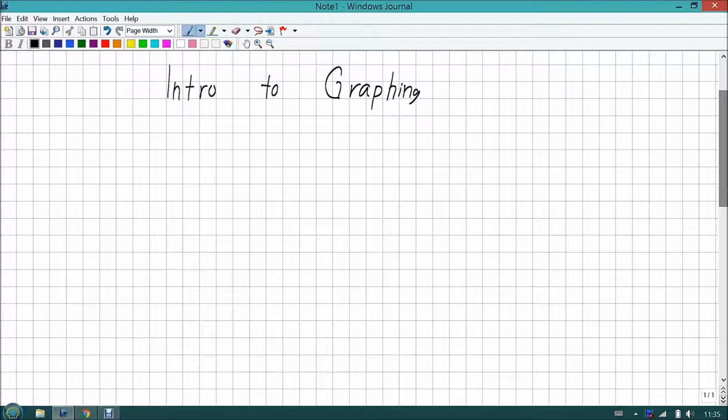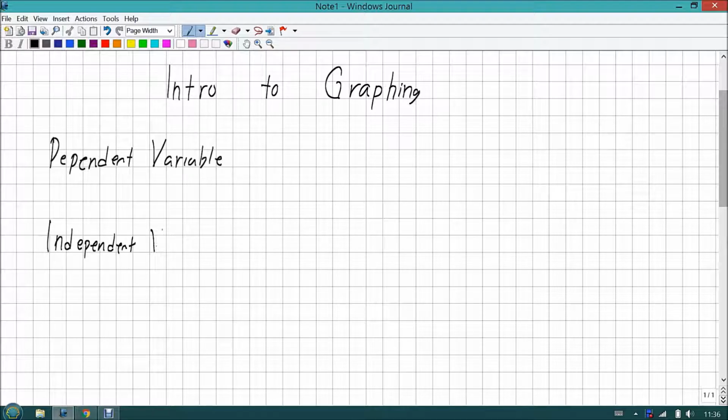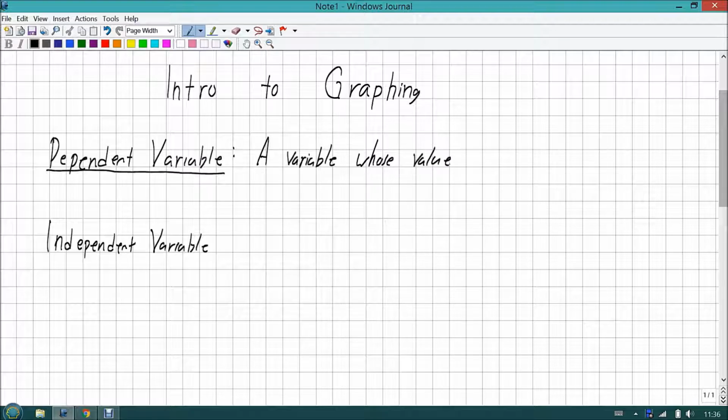In graphing, there are two main pieces. There is the dependent variable and the independent variable. The dependent variable is a variable whose value depends on another variable.